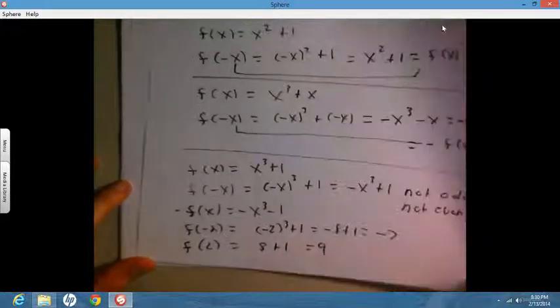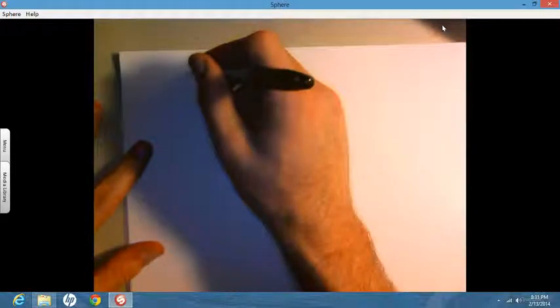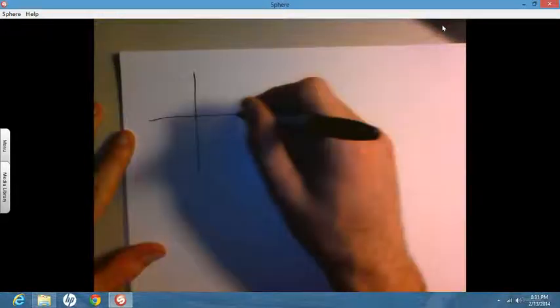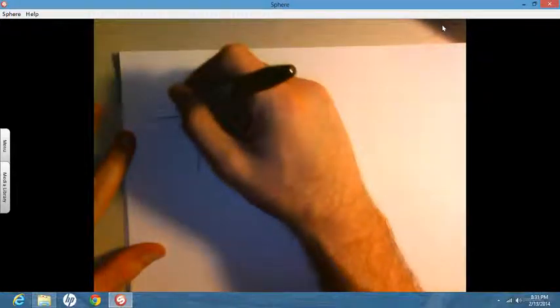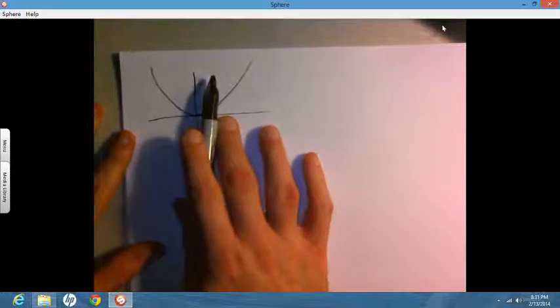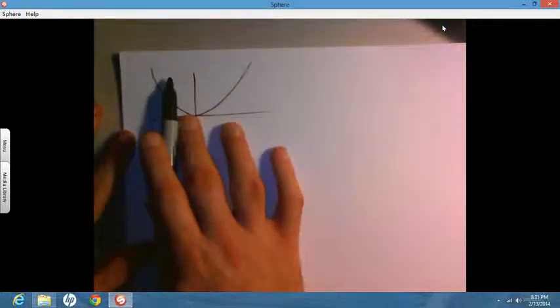So graphically, what do these functions look like? Well, an even function, like x squared, would be symmetric with respect to the y-axis, like we have over here. One side of the y-axis looks like a mirror image of the other side of the y-axis.